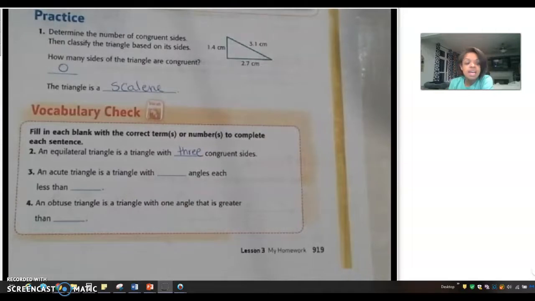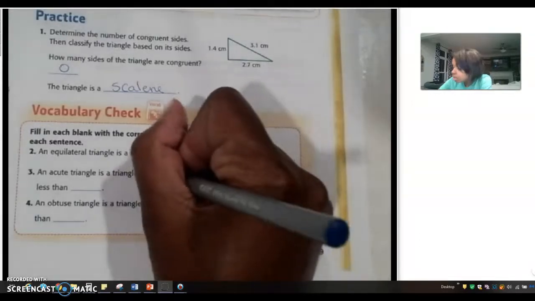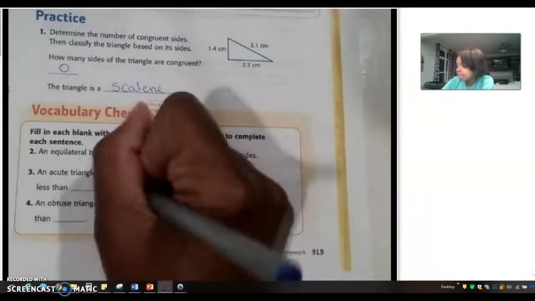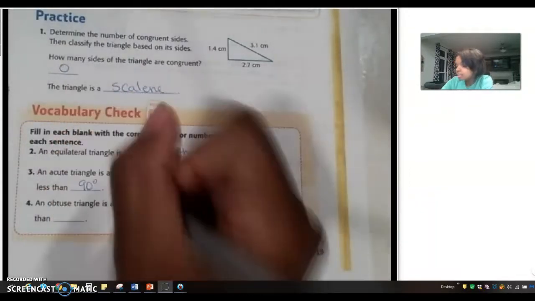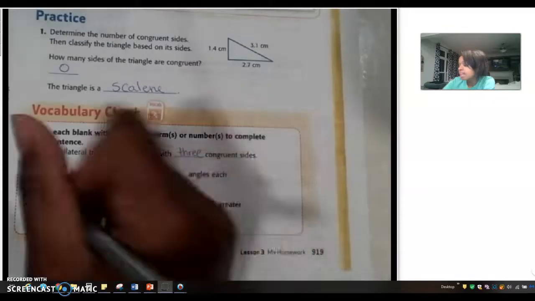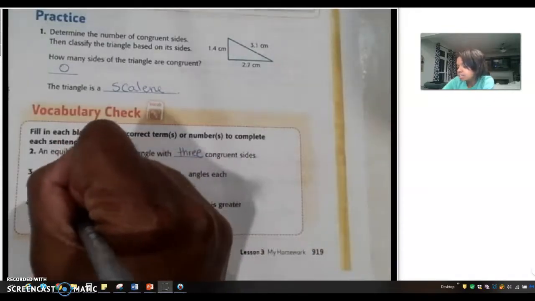Okay. An acute triangle is a triangle with 3 angles. All 3 angles are less than 90 degrees. Okay. An obtuse triangle is a triangle with 1 angle that is greater than 90 degrees.